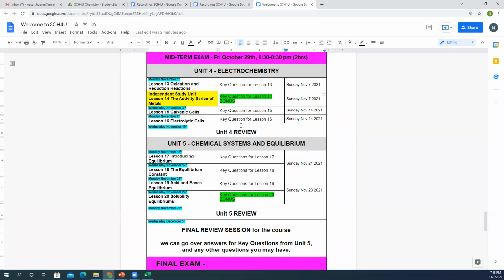So we'll have our Unit 4 review, we'll start on Unit 5, we'll have our Unit 5 review, and then I have even squeezed in one final review session for the course on the Wednesday before whatever day is our final exam. And as soon as I'm aware of that, I think I'm going to try and put it on Friday of that week.